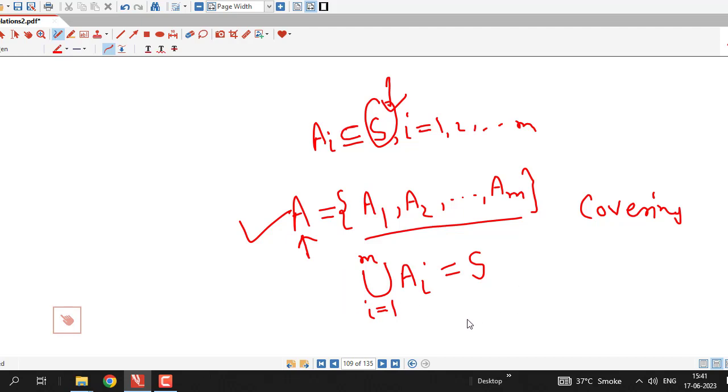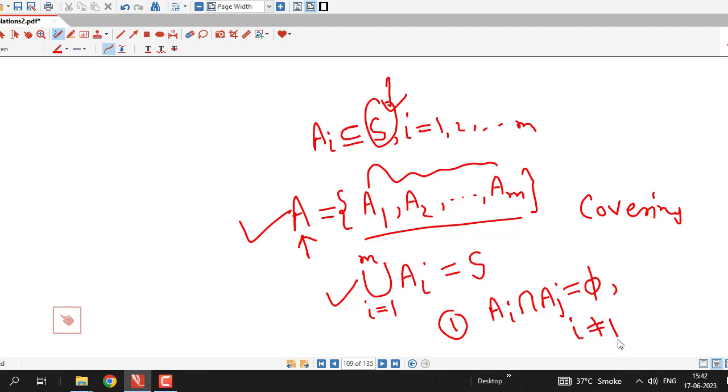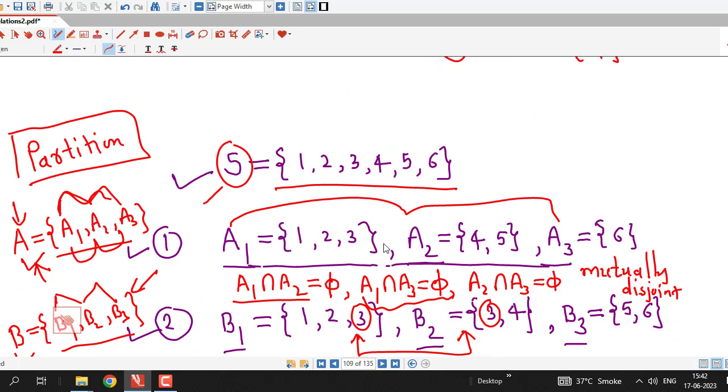Now if we have one more condition satisfied in addition to this condition, that the members of the collection are disjoint, that is, if we take any two members from this collection, then their intersection is empty, then this collection is called a partition of the set S. So here this collection A1, A2, A3 is a covering as well as a partition of the set S, but this collection is only a covering of S, it is not a partition.